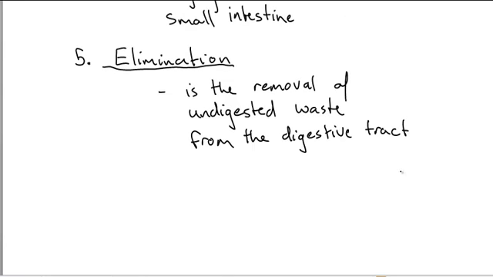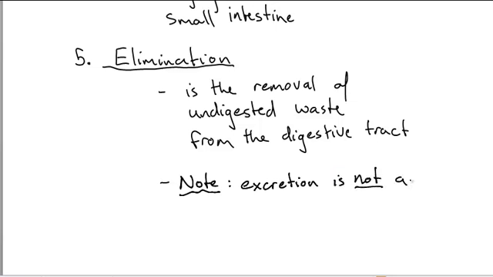This is not to be confused with excretion. Okay, so we're going to put a little note here. We're going to do a whole unit on excretion. Excretion is not a function of the digestive system.